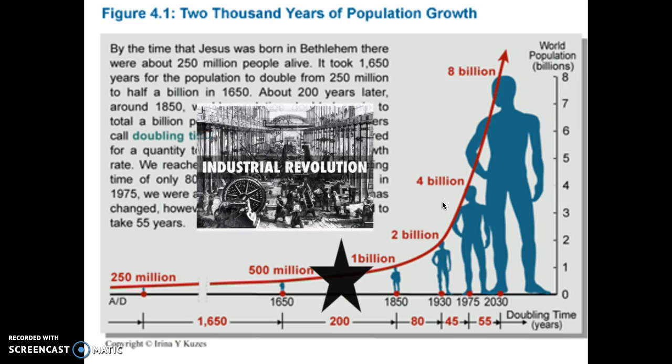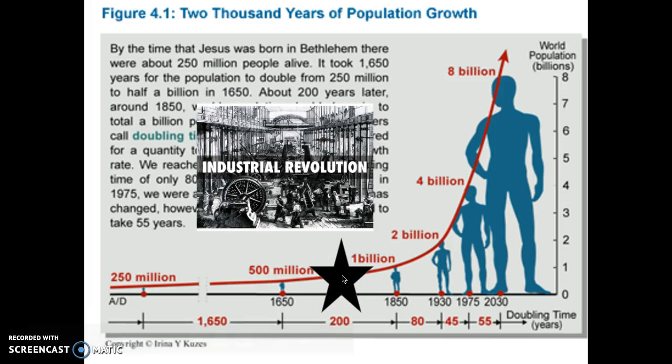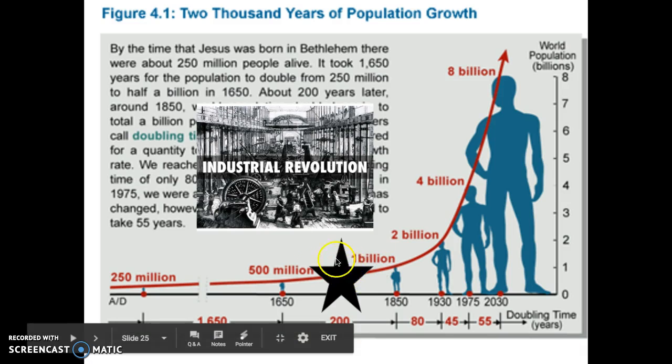Remember, the Industrial Revolution starts about here in Great Britain, so about 1750. And so this is when we see an unprecedented level of wealth, we see medical and technological advancements, surpluses of food, and high rates of urbanization, right? And this really impacts that change in the doubling time and then our drastic increase in population.